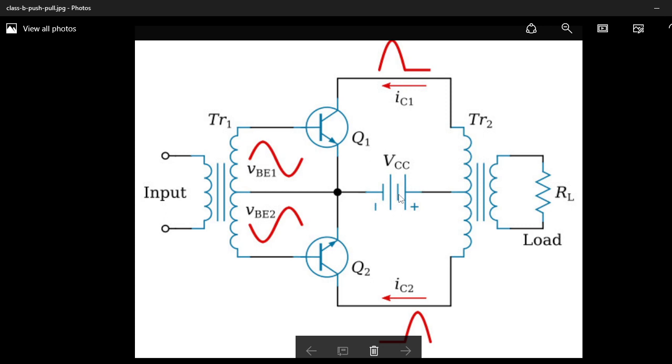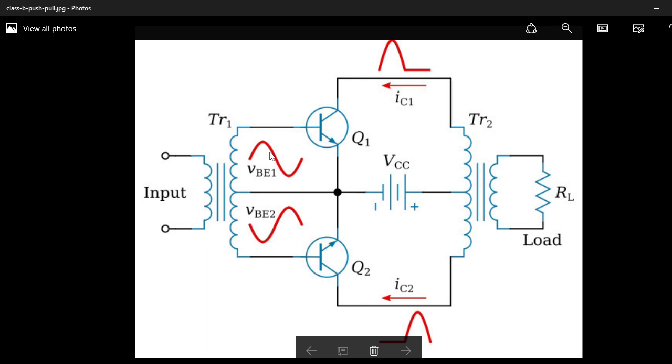Here, VCC is connected to the center tapped output transformer, and emitters are connected to the secondary of the first transformer, that means the input transformer. Okay, so this is the basic construction of a push-pull amplifier.